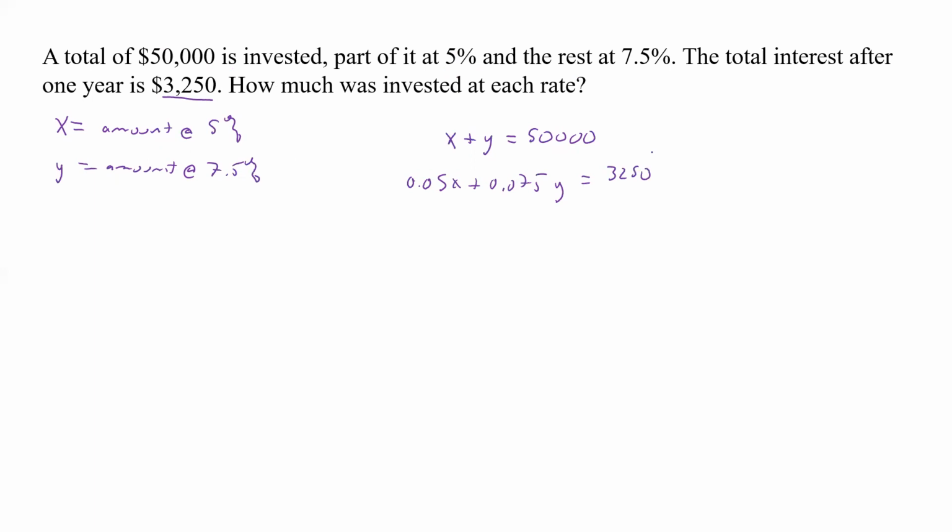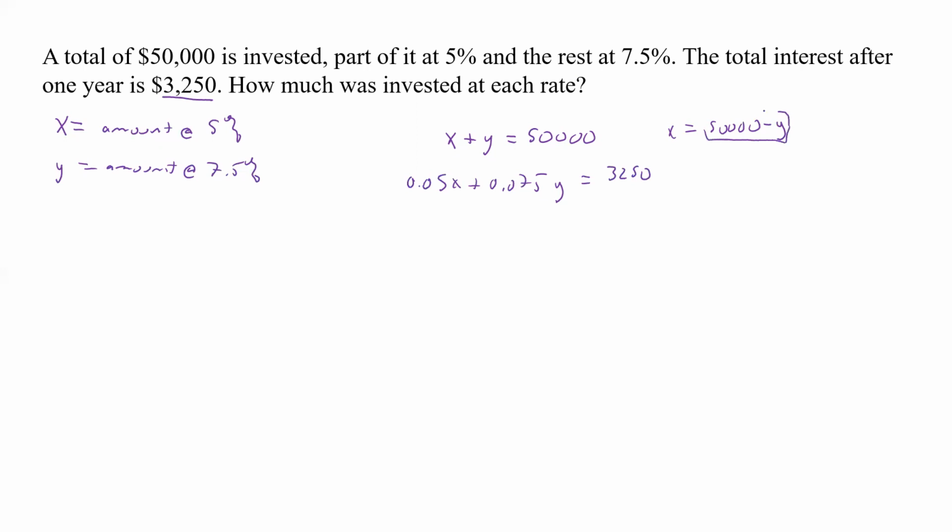Okay. All right, now what do we want to do? Well, let's see here. This one might be just as easy to do elimination as it is to do substitution. I'm not sure what I would want to do. Maybe let's go ahead and do substitution. And let's say maybe X is equal to 50,000 minus Y, because I just subtracted Y from both sides.